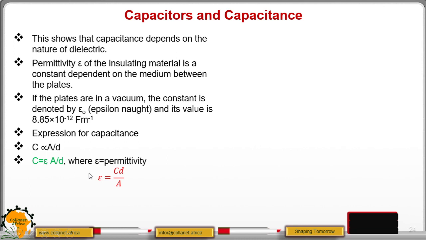We can make permittivity the subject of the formula, and you will get that epsilon is equal to CD divided by A. If you consider the units, the capacitance is farads, the distance is meters, and the area is meter squared. So one meter will cancel with the meter of the distance. That is how we get that the SI unit of permittivity is farads per meter.